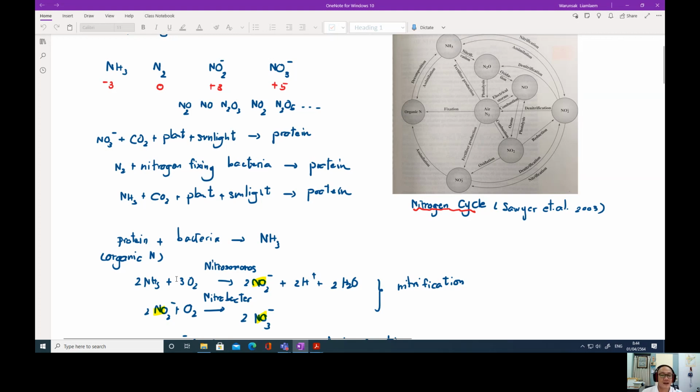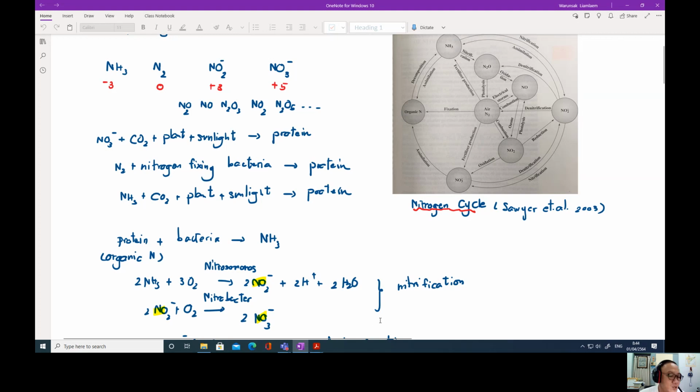This ammonia can be oxidized by oxygen. In the presence of oxygen, ammonia gets converted to nitrite by nitrosomonas, and the nitrite can be further oxidized by nitrobacter, another group of microorganisms, and nitrite will be converted to nitrate.